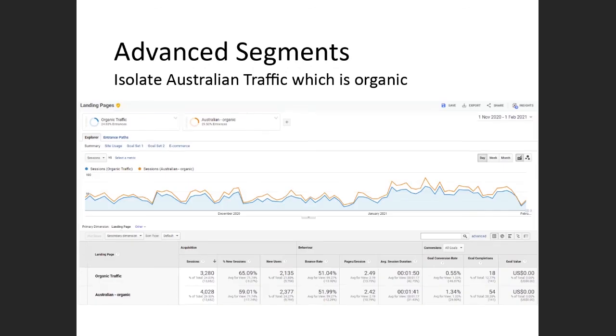And then applying that, we can see this comparison between the organic traffic segment that was predefined, pre-built into the system, versus our new segment here. So a bit of a difference, not a major difference. If this company had written a lot of blog articles that were tracking well internationally, this difference might be even greater.